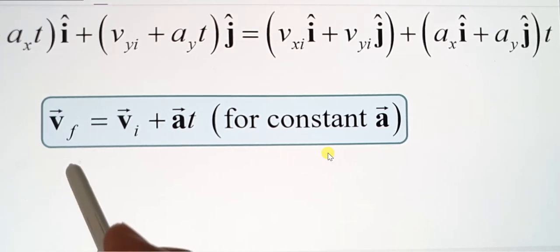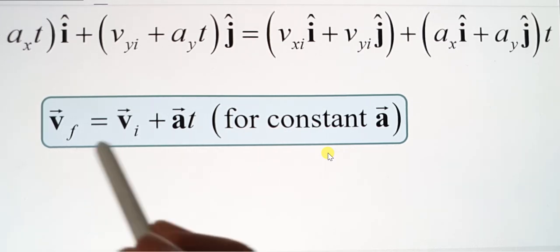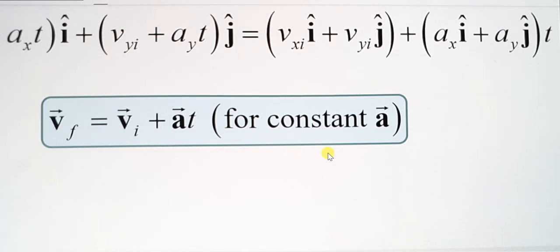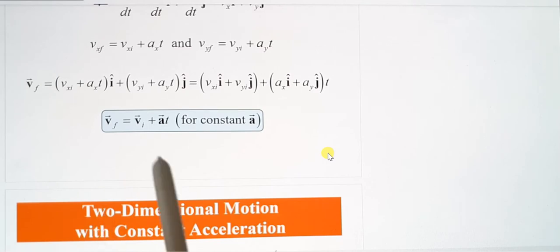Now we have it as a vector in two dimensions. So V final is equal to V initial plus acceleration multiplied by time, and all of them are vectors in two dimensions. Same equation, but now we are dealing with vectors.